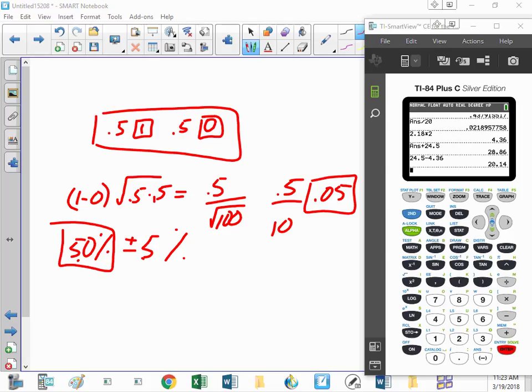So I double this, which is going to be 9.98%. And then I'm going to add that to 53. I'm just going to round this up to 10. So from 43 to 63 is my 95% confidence interval.